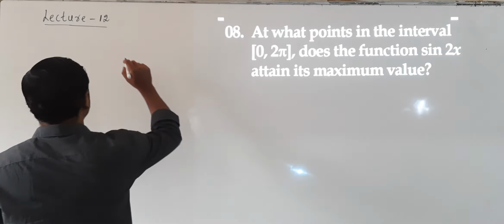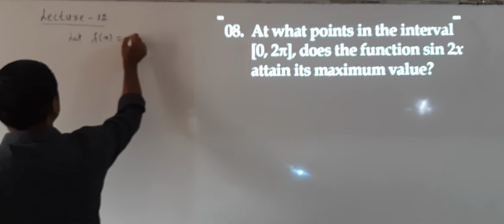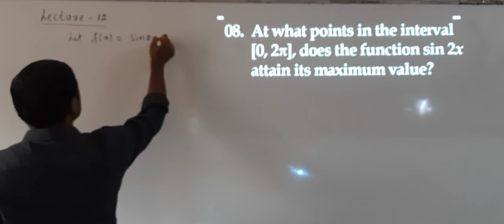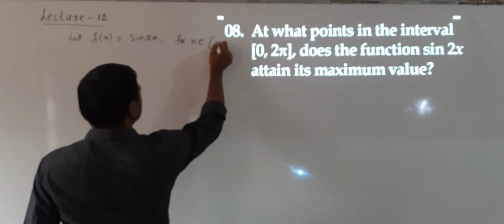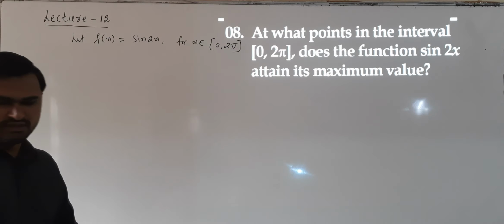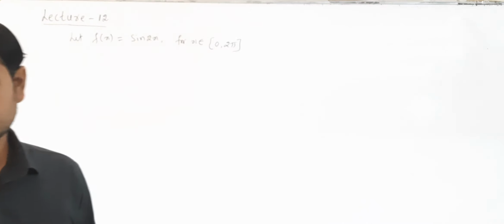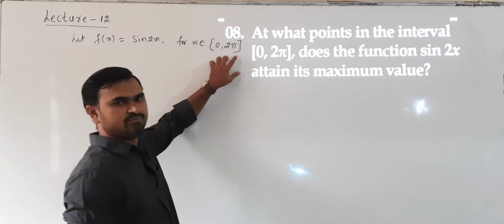Okay. So f of x is given. Let us take the function as f of x, which is sin 2x, for x belonging to the closed interval 0 to 2 pi. Whenever we are given a closed interval, it means that we are finding the absolute maximum and absolute minimum.